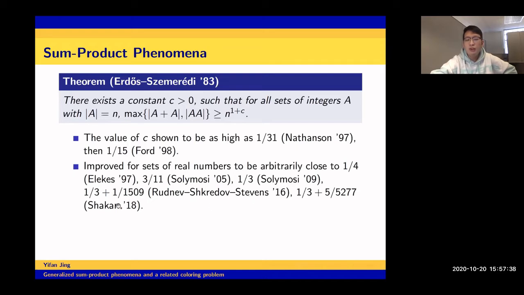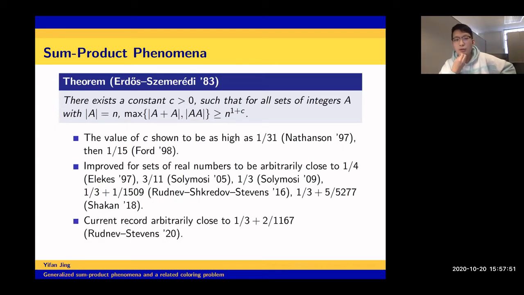And then by George Shakan, he's also a graduate student at UIUC. So this is a quite famous result. I think Quanta Magazine also has a report on that. So you can improve this to 1/3 plus around 1 over 1000. And the current record is by Rudnev and Stevens, recently this year, I think in April or May. So they improved this result to 1/3 plus around 1 over 500.